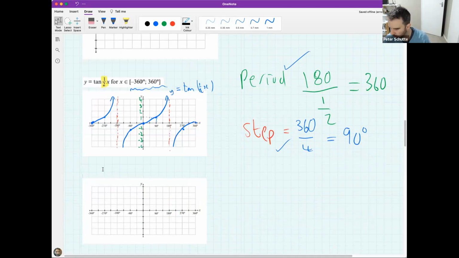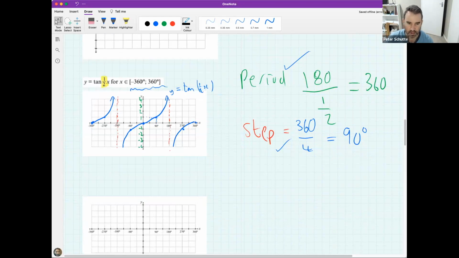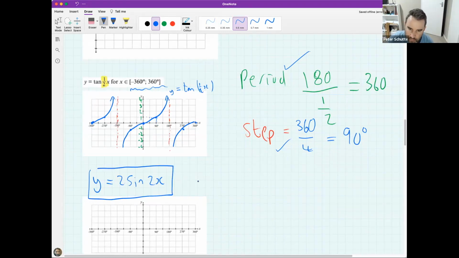On to a question that has no number after tan, sine, cos. Okay, well, I was thinking, why don't we do one which has, let's do the graph of y equals 2 sine 2x. And I want you to draw that for me on the domain minus 360 to plus 360.